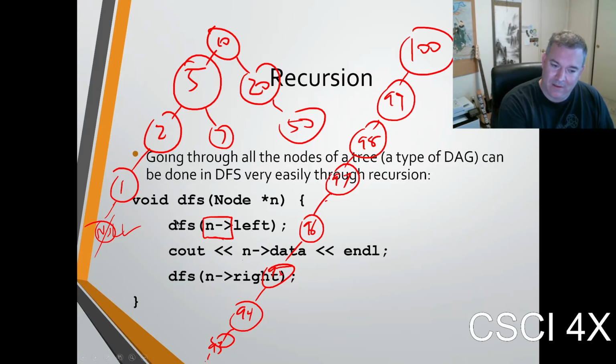DFS calls DFS, which calls DFS, which calls DFS. It never will print out anything. But that's not even the crashing bug. What's the crashing bug? One of them is null pointer dereference. What's the other crashing bug?